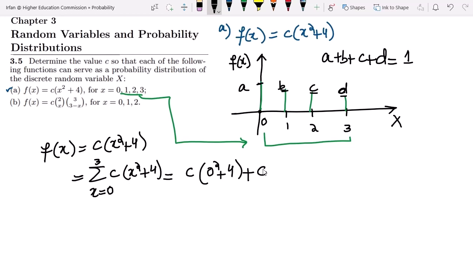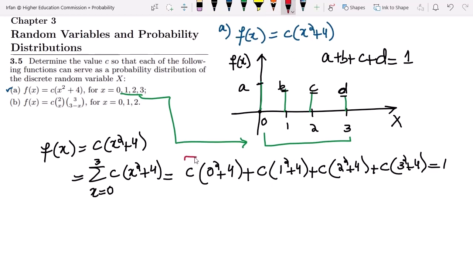After 0 I have to write here 1, so here it will be 1 square plus 4, plus c, now 2 square plus 4, okay, and the last one here would be 3 square plus 4, okay, and this should be equal to 1. In order to satisfy that, it will be the probability distribution, and the same concept is illustrated here, what we have explained.